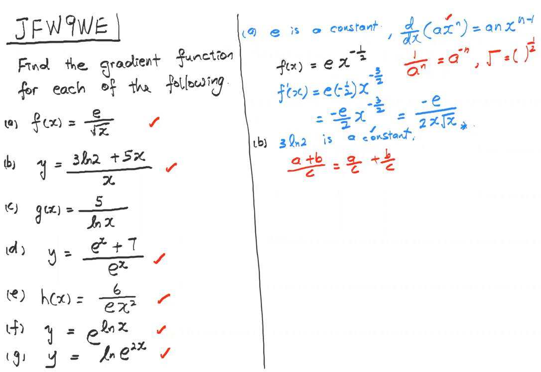So this is a better way of looking at things so that it prevents yourself from making mistakes. So now I have my y equal to 3 ln 2, which is a constant, divided by x, plus 5x divided by x. So now I also use this formula, right? But I haven't simplified it yet and written in that form.